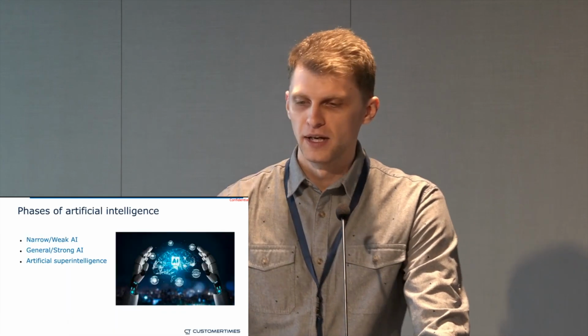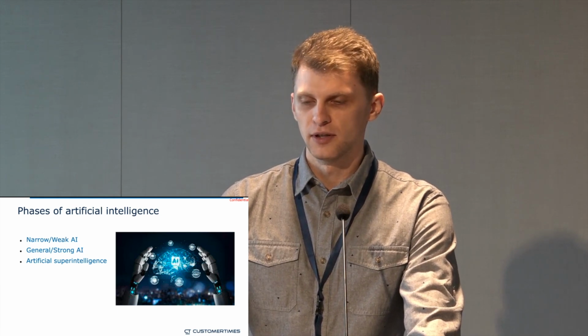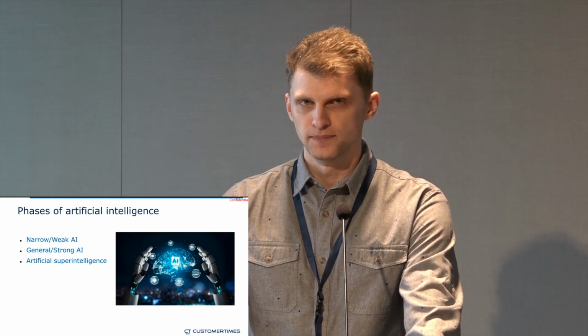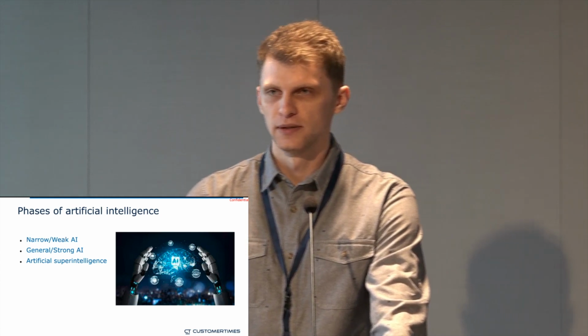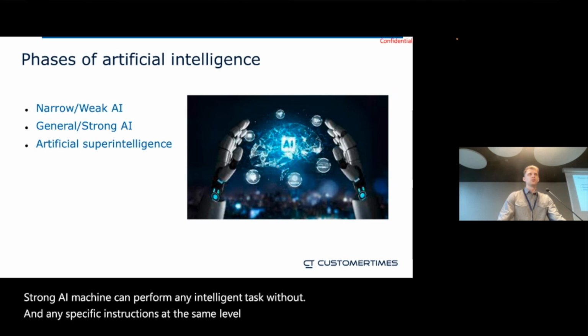There are 3 phases of AI development. The first one is called narrow or weak AI. A machine can perform only a specific task better than a human. The second one is called general or strong AI. A machine can perform any intelligent task without any specific instructions at the same level of accuracy as a human.